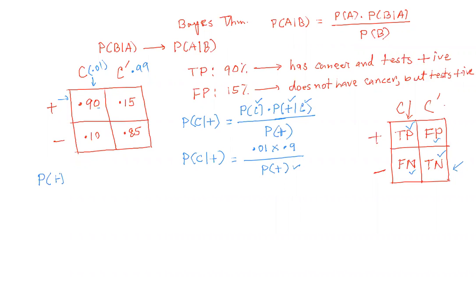So testing positive is here, this top row, is when you have cancer and you test positive. That's this box. Plus, you test positive and you do not have cancer. That means C prime positive. Okay.